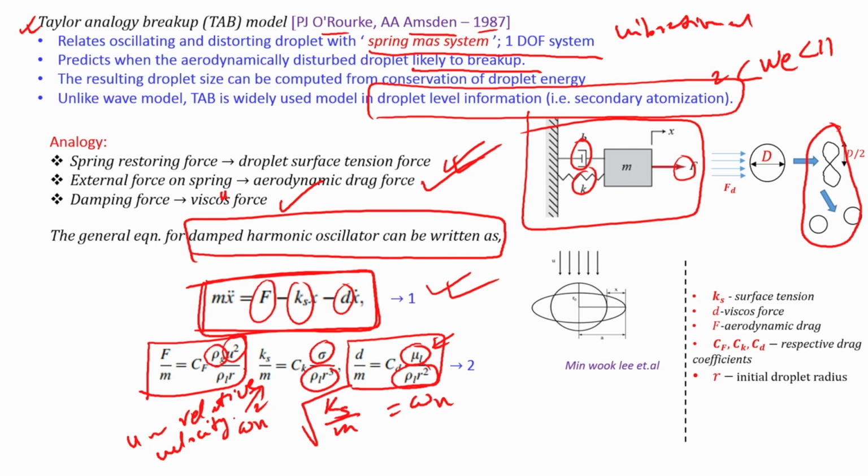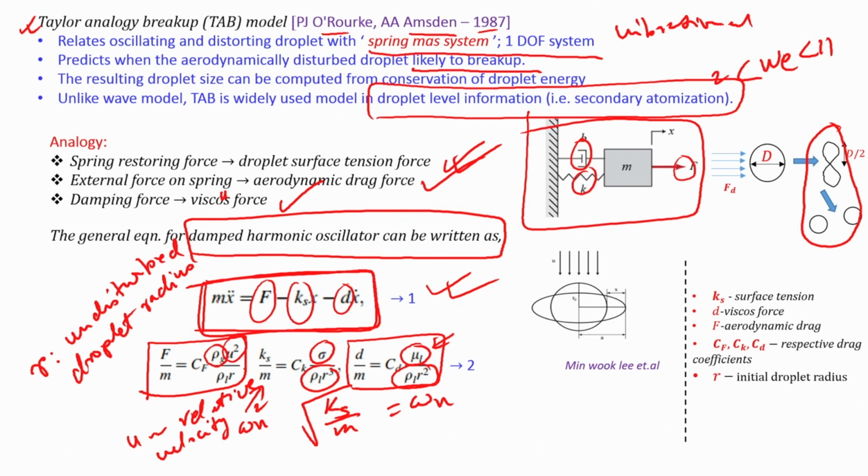R is the undisturbed droplet radius. There is no evaporation here. So, these are the quantities that you will have over here.